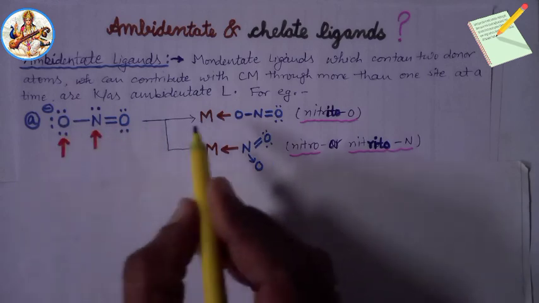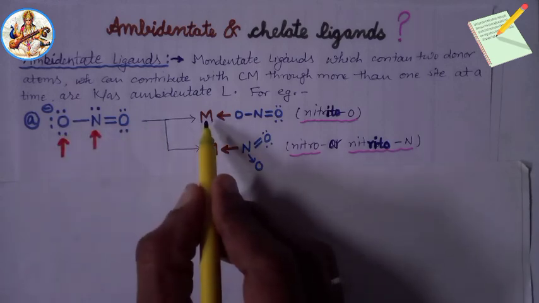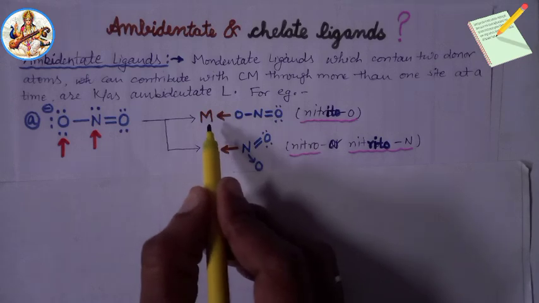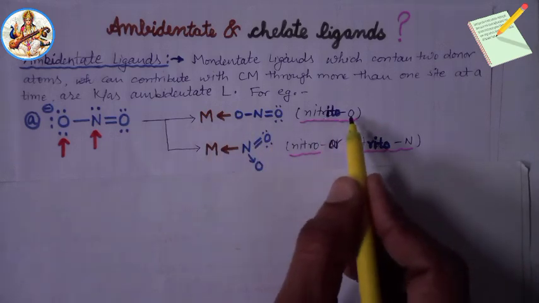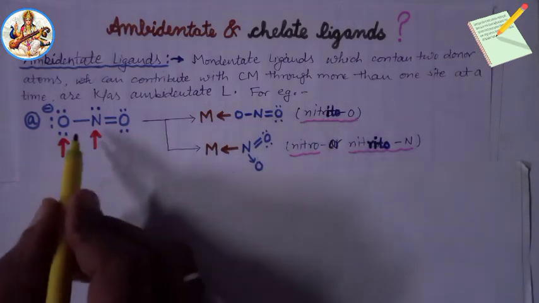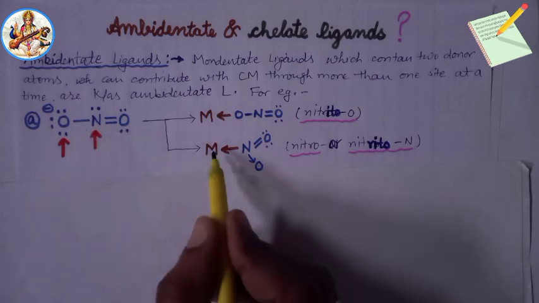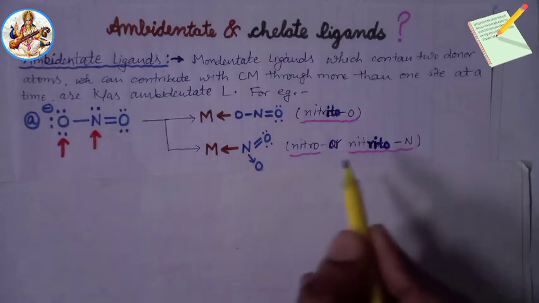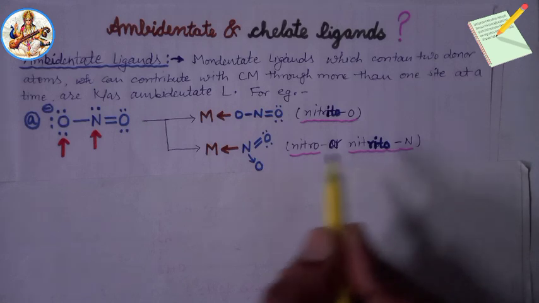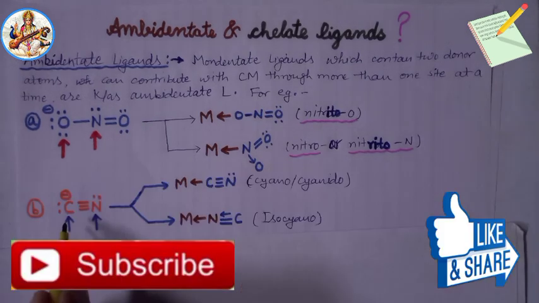When oxygen is attached with the central metal in a coordination compound, it is known as nitrito O, whereas when nitrogen is attached with the central metal, it is known as nitrito N or nitro.